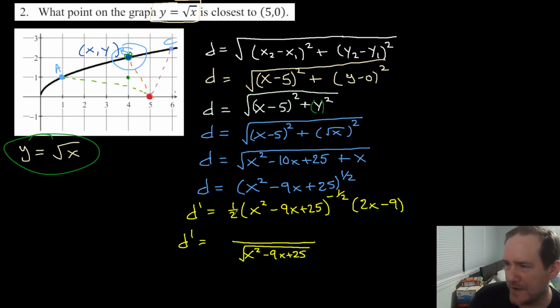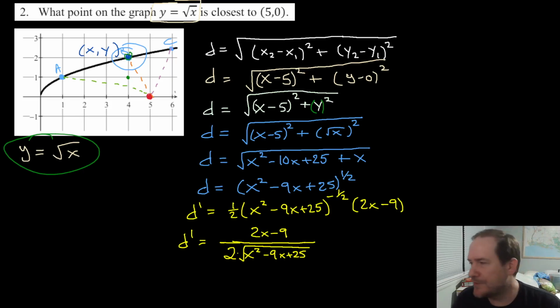Then this 1/2 would be a 1 in the numerator and a 2 in the denominator. So the denominator is actually 2 times this square root. And then in the numerator, we just have our 2x minus 9. So that's our derivative.